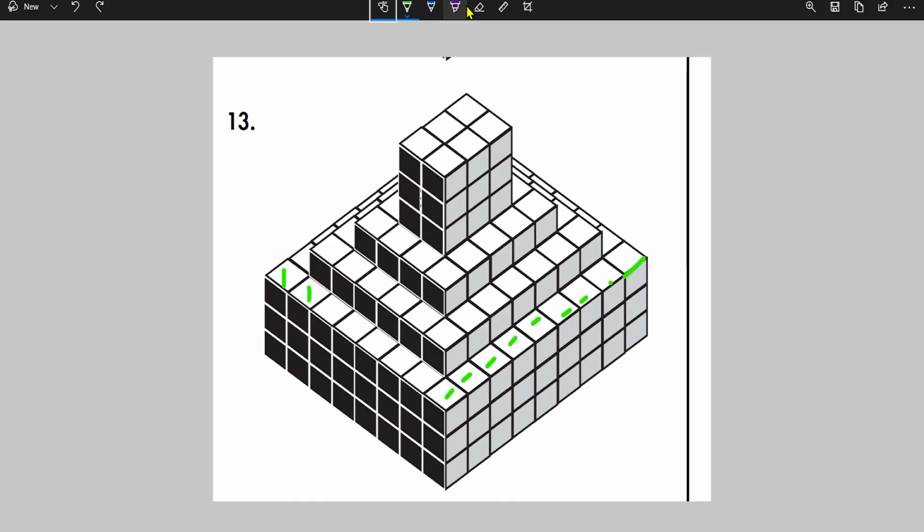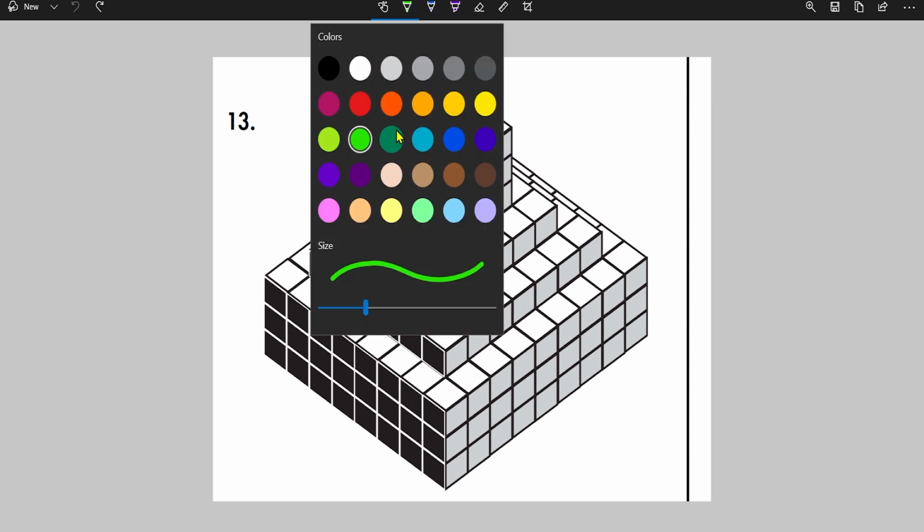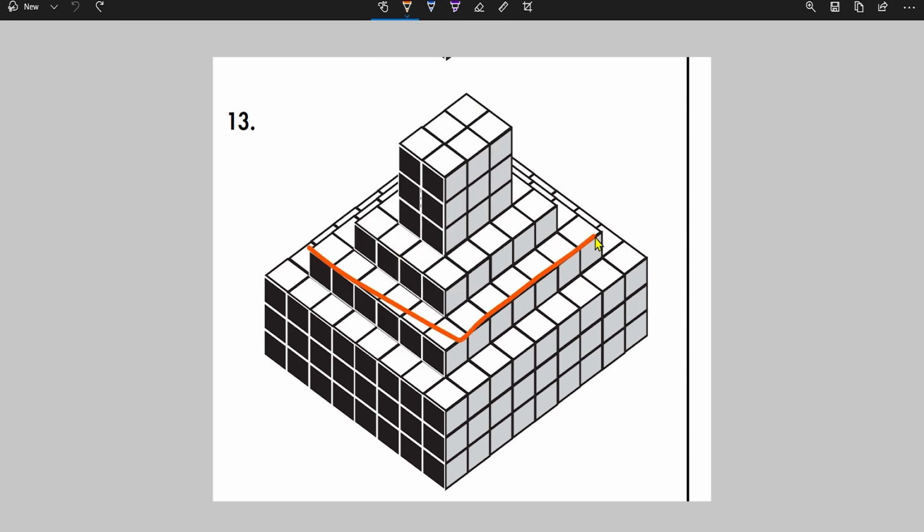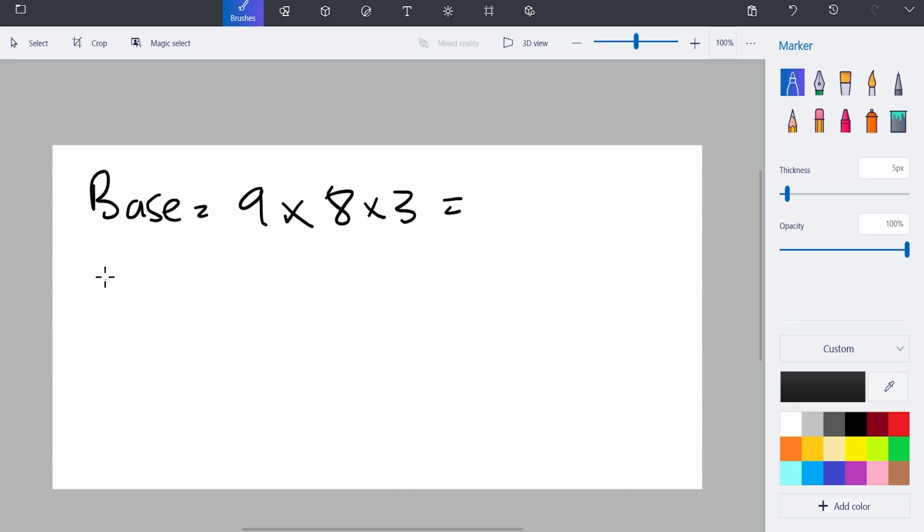Then we have this layer, which is this one, which is 1 2 3 4 5 6 7 by 1 2 3 4 5 6. So 7 by 6, first layer, because the base is at the bottom. So the first layer above the base is what I'm writing over here.